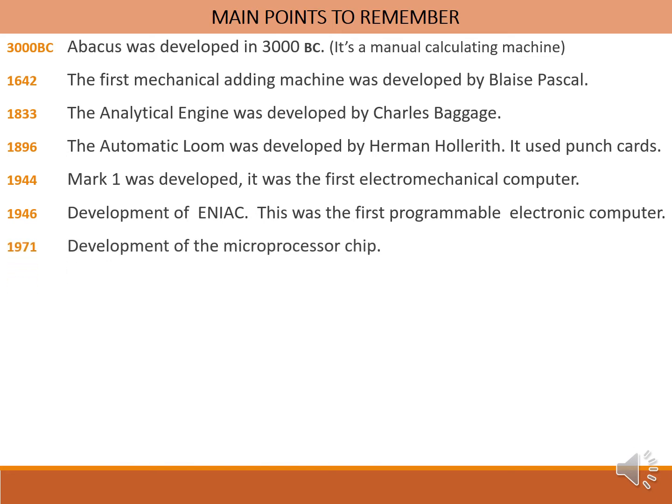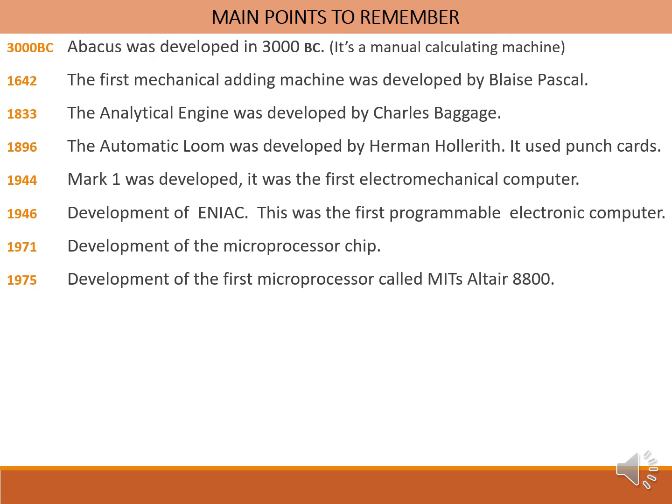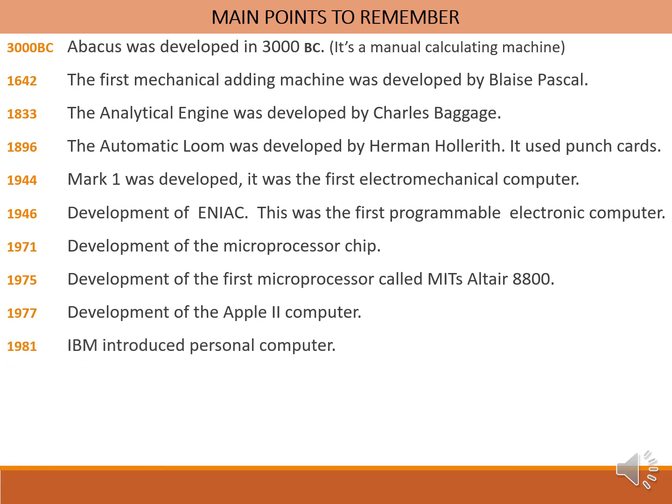In 1971, the microprocessor chip was developed. In 1975, the first microprocessor computer, called the MITS Altair 8800, was developed. In 1977, the Apple II computer was developed. In 1981, IBM introduced the first personal computer.